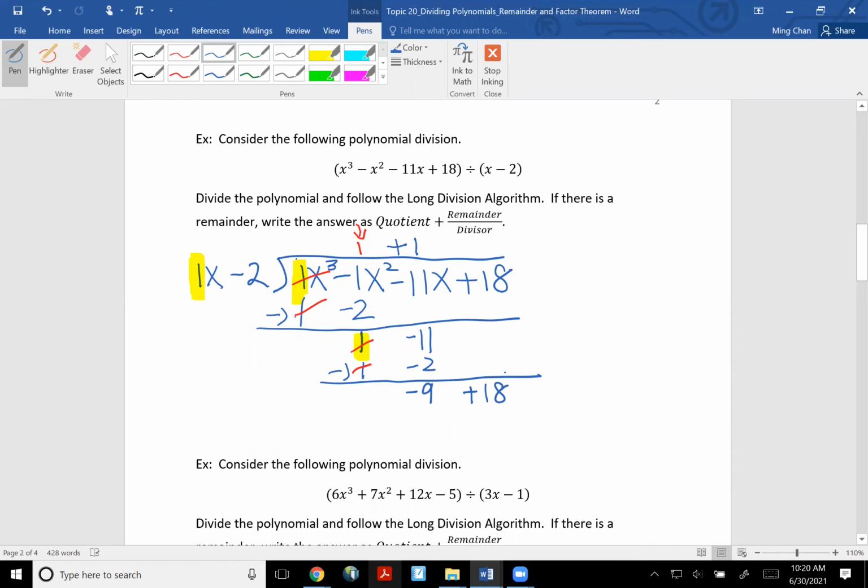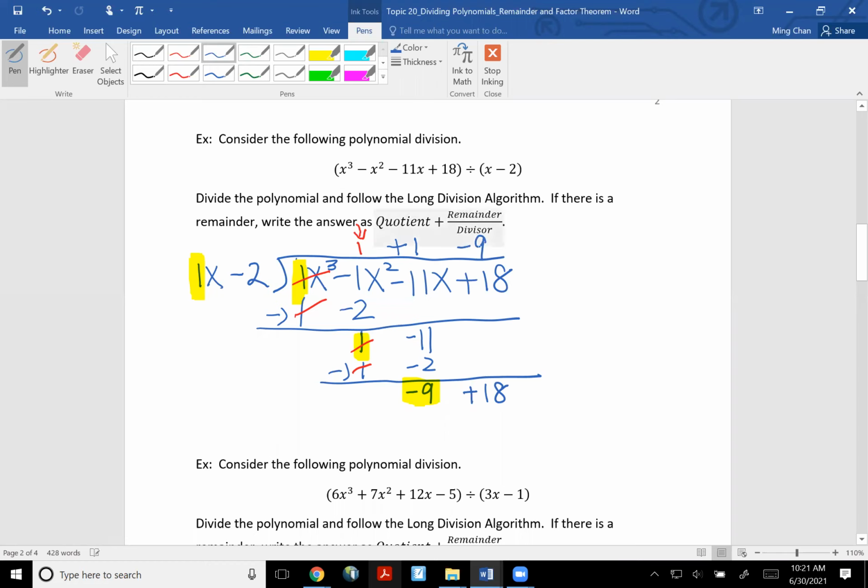So now my first term on the inside is this -9. So take my first term on the outside, go into the first term on the inside. 1 going into -9 is -9 times. And I put above my last term, -9. See, the space is where the variable falls straight downward. Okay.